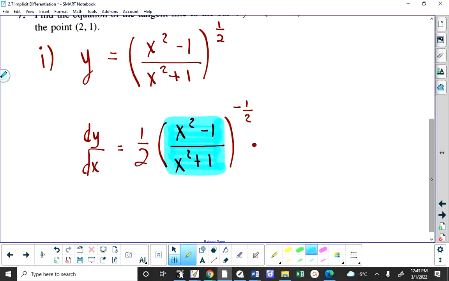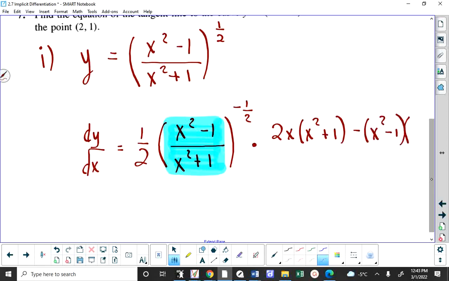To differentiate the quotient, you have to use the quotient rule, which says I'm going to take the derivative of the top and multiply by the bottom, and then I subtract the top multiplied by the derivative of the bottom, and then I have to divide by the bottom squared.